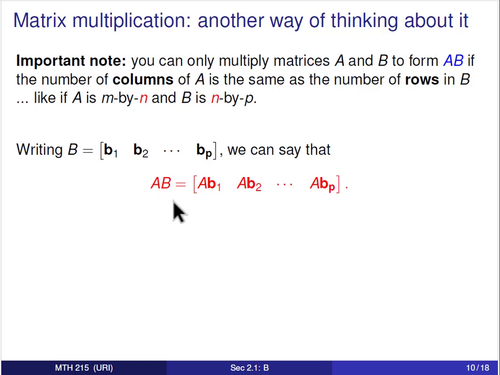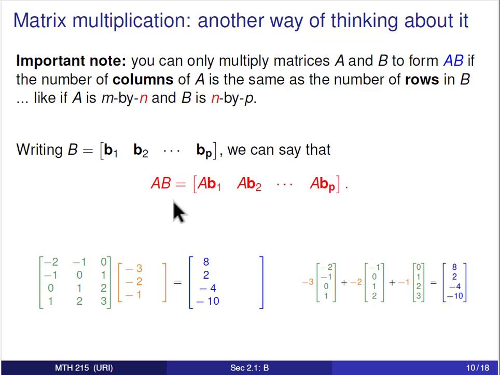All right? So let's see this illustrated with one of the examples we already saw. If you wanted to think of computing the product of the matrices in this way, what you might do is just take the first column of B and multiply this matrix onto that first column. Now remember how we defined a matrix times a vector.